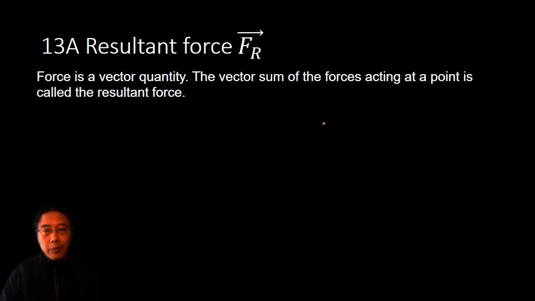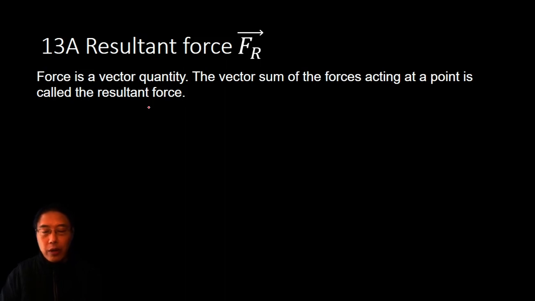Alright, first concept is direct application of vectors. A resultant vector is made up of a sum of vectors, which is what we learned before, applied to forces that are exerting on a particle. A force is a vector quantity, so it has a magnitude and a direction, and the vector sum of the forces acting on a point is called the resultant force.